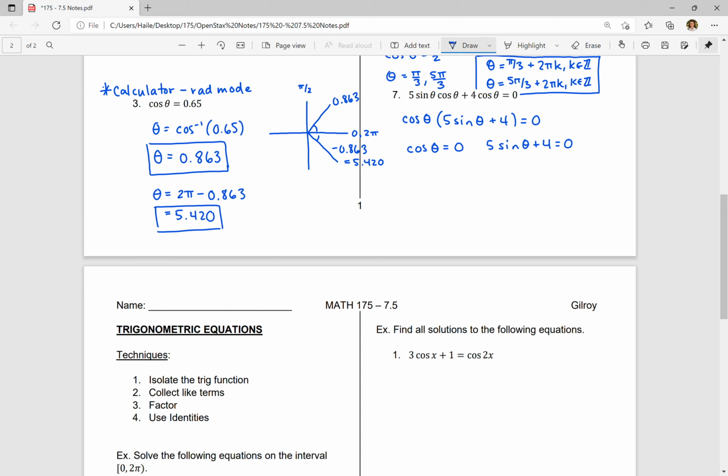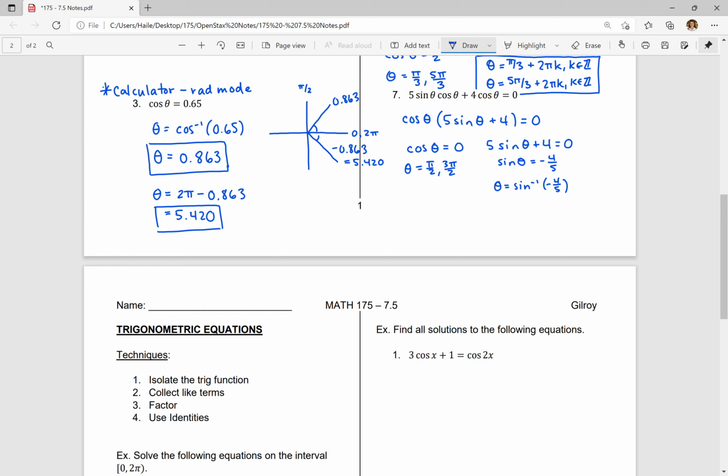Now cosine of theta equal to 0 tells us that theta must be pi over 2 or 3 pi over 2. And the second factor tells us that sine of theta must be negative 4 over 5, which tells us that theta is equal to sine inverse of negative 4 over 5.